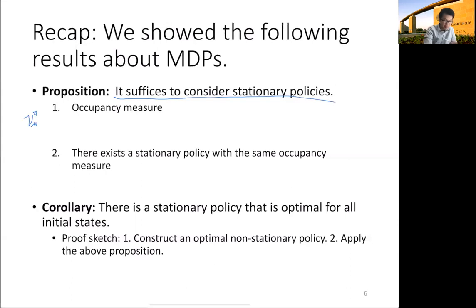So nu pi of s is defined to be the summation over t from 1 to infinity of gamma to the power of t minus 1, times the marginal probability under pi that the random variable S t is equal to s.